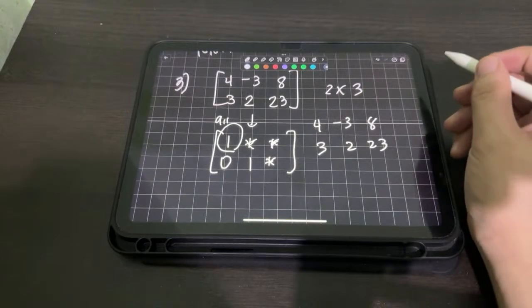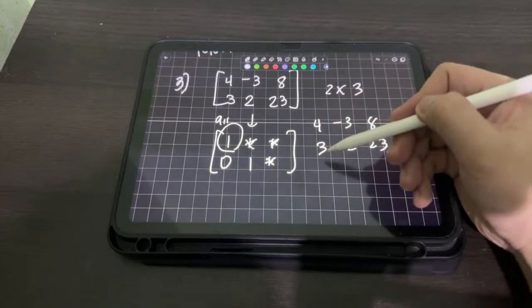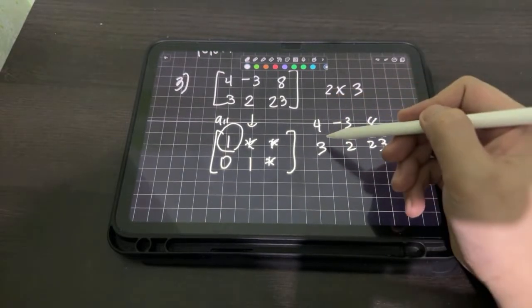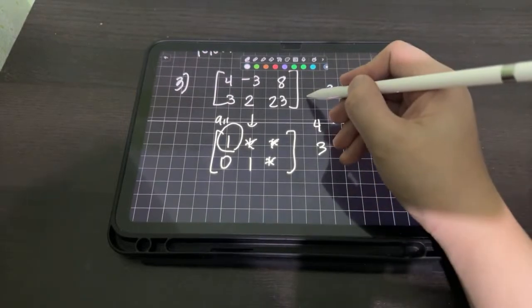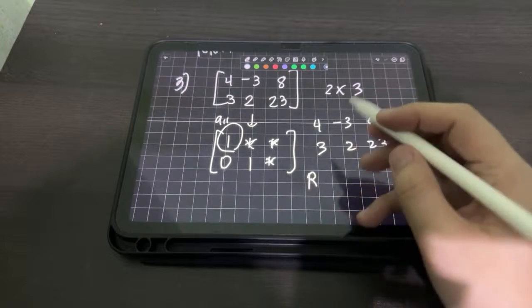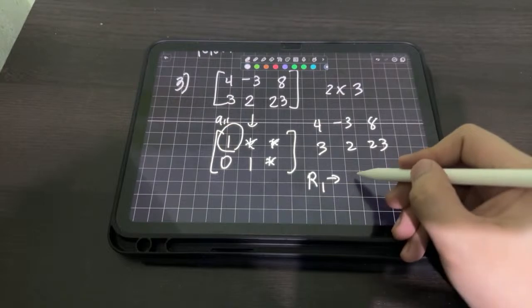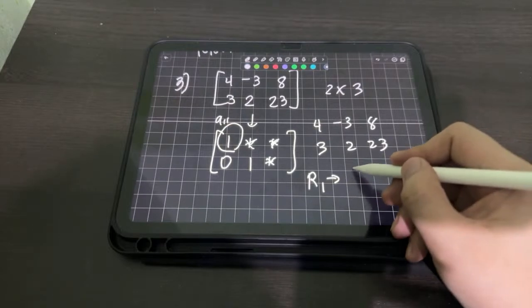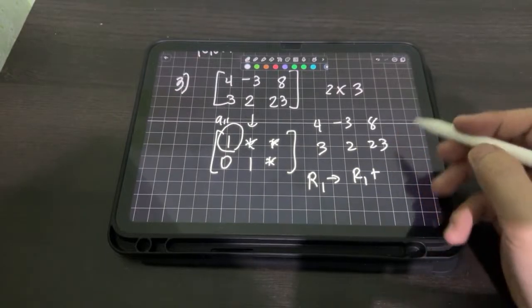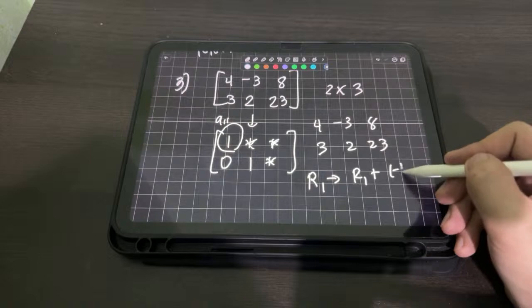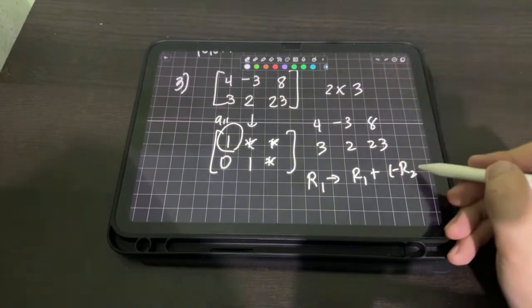We can make an entry of 1 from 4 and 3 by subtracting. So let's say R1 is equivalent to R1 plus negative of R2. Okay?